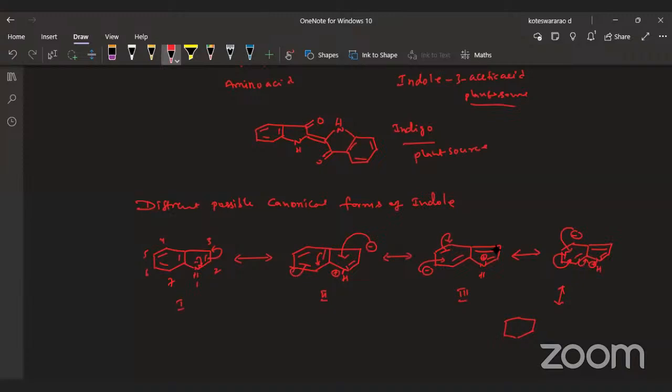That is the rearranging of the double bond. The negative charge is here, and here it carries the positive charge. This is the fourth one. This is the fifth one.